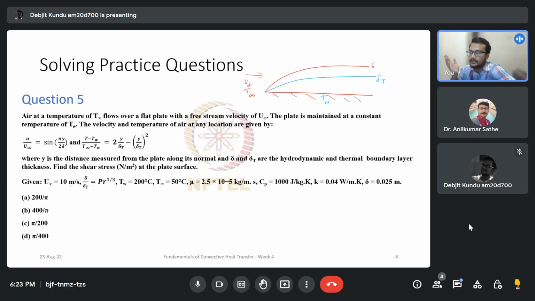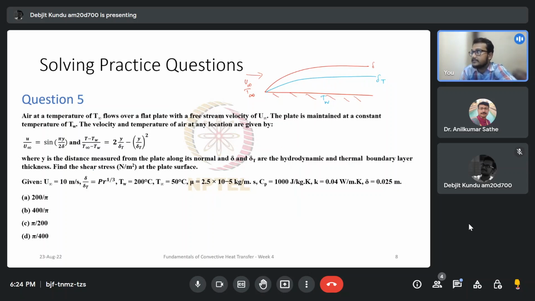And similarly, the temperature profile is also given. This follows a polynomial variation of the second order, since y by delta t squared is the highest order term over here. Where y is the distance measured from the plate along its normal, and delta and delta t are hydrodynamic and thermal boundary layer thickness. These are common notations which we have been using from the start of the course.